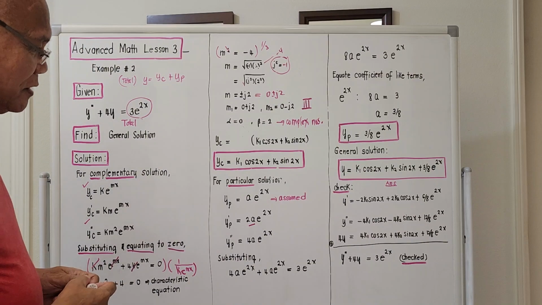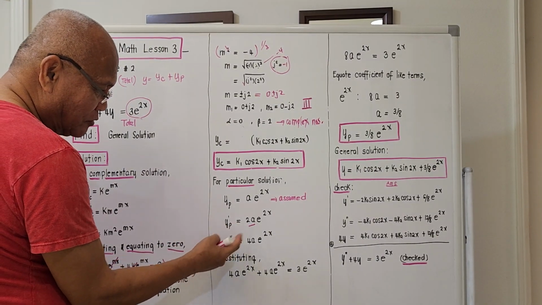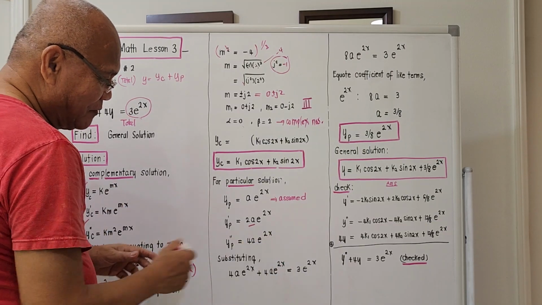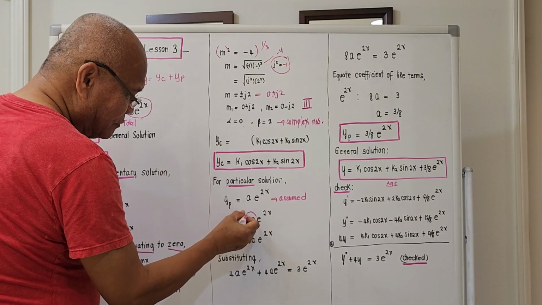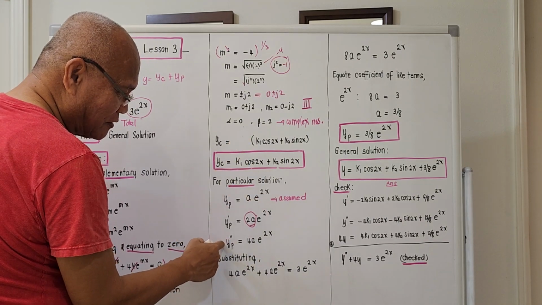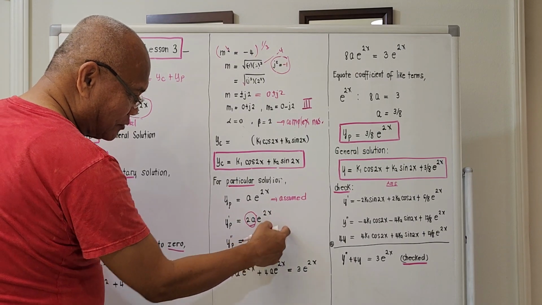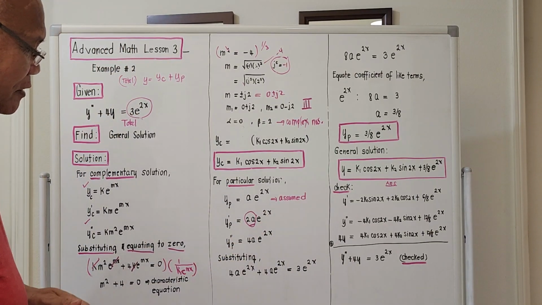Taking the second derivative, y double prime of the particular solution, 2a is constant. We multiply that again by 2. So 2a times 2 will be 4a times e to the 2x. Okay? Substituting.